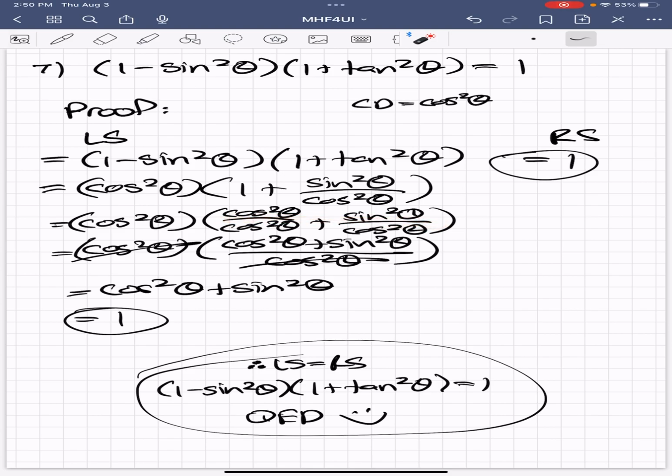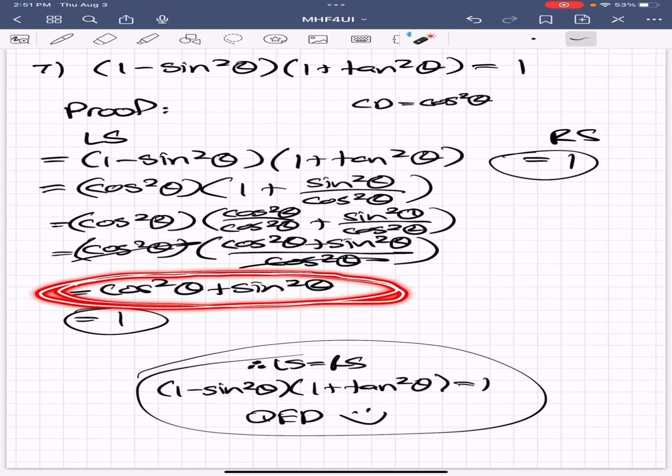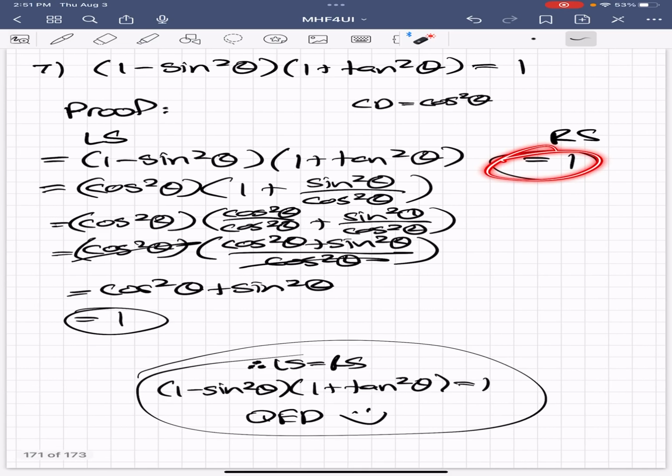And then this was cos 2 over 1. Cos to the power of 2 theta over 1. And that's multiplied by cos 2 theta plus sine 2 theta over cos 2 theta. So it was common on the top and the bottom, so we stroke it out. And we were left with cos to the power of 2 theta plus sine to the power of 2 theta, which equals 1. And left side equals right side.